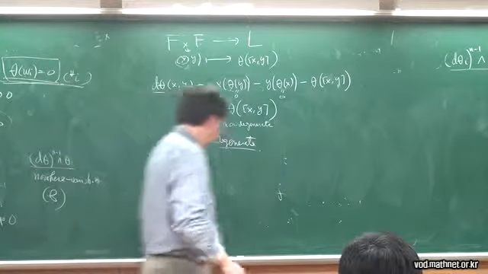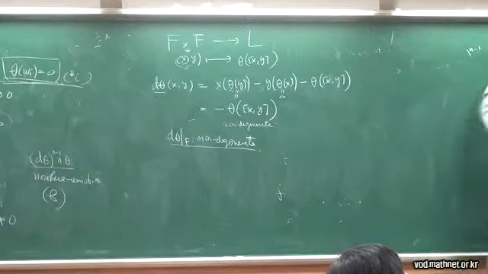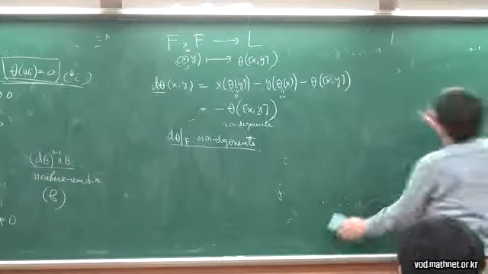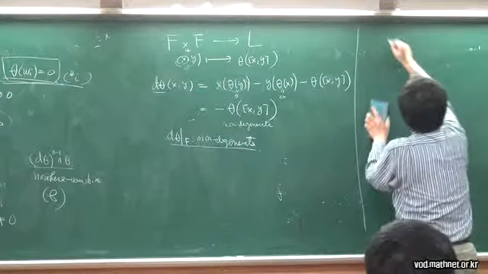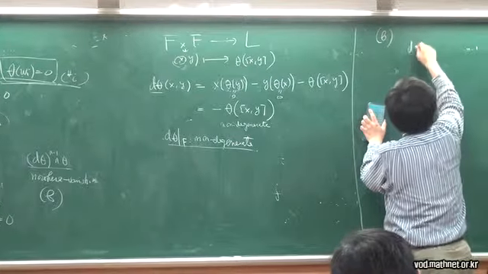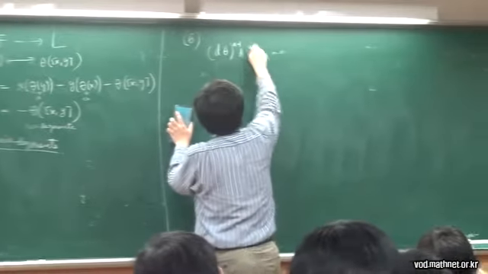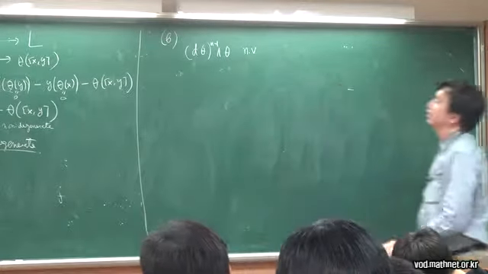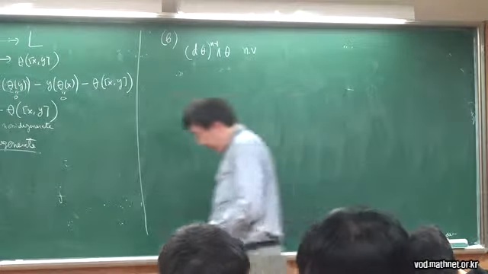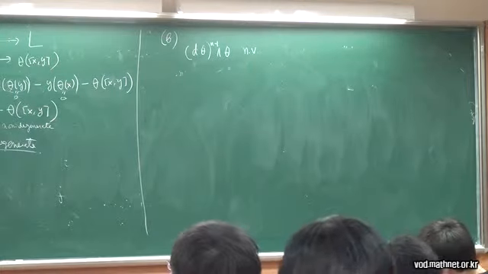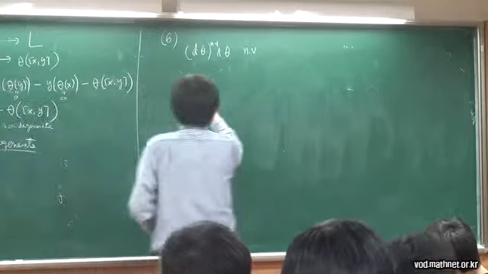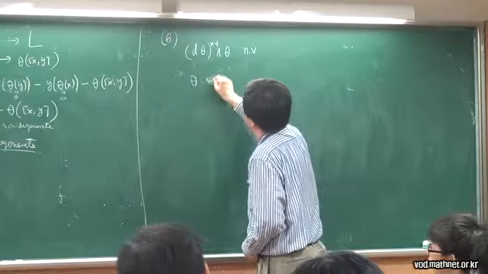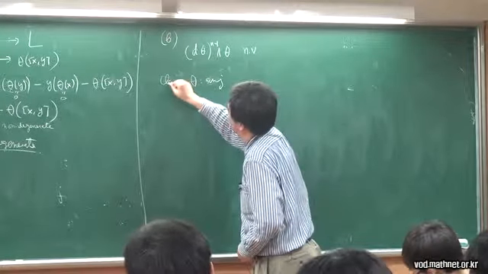So the converse is almost the same. If you start with B, what is the condition B? B is just that this is nowhere vanishing. First, I want to show that theta is surjective.